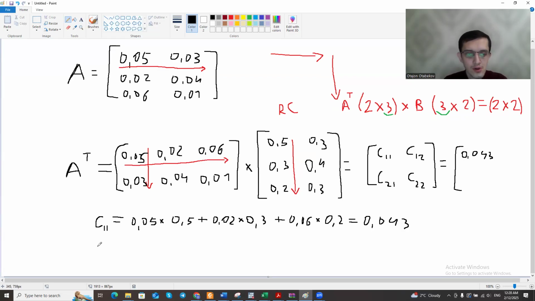Let's do one more, C1 and 2 element. What is C1 and 2 element? I again take the first row of the matrix A transpose, but this time I should work with the second column of the B matrix. This is 0.05 multiplied by first element of the second column of the matrix B, 0.3 now.